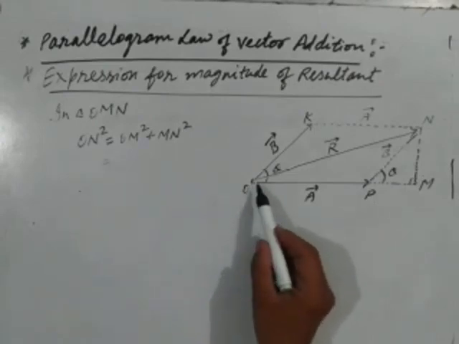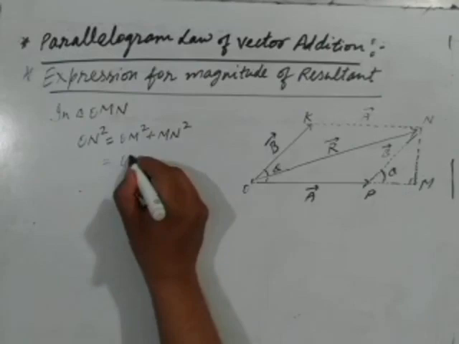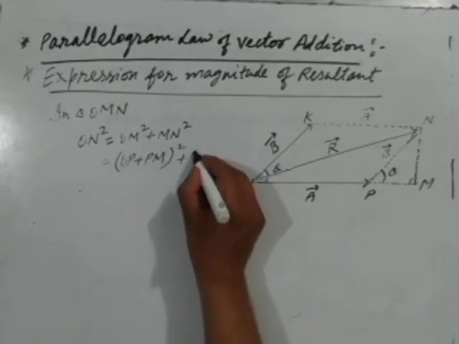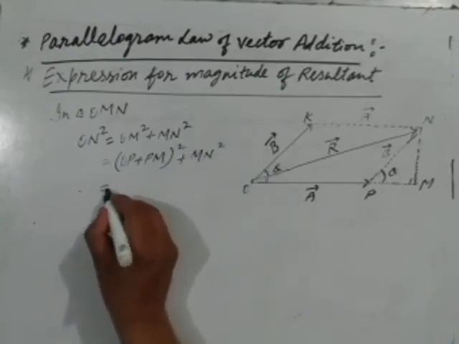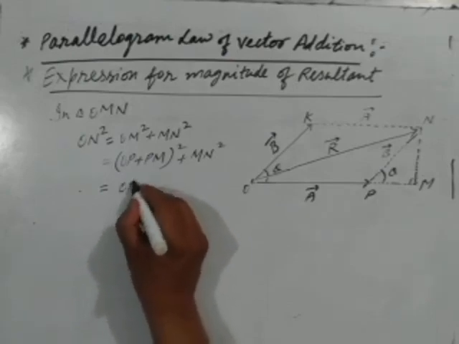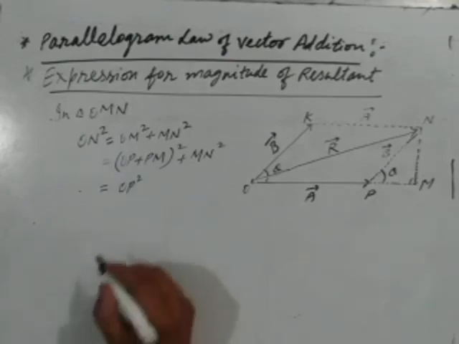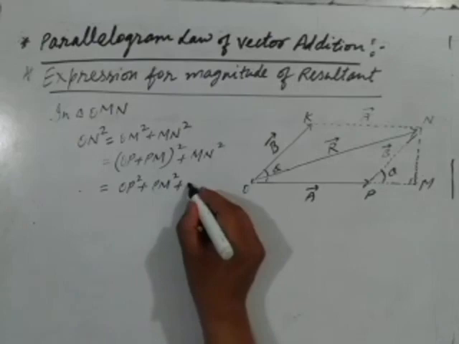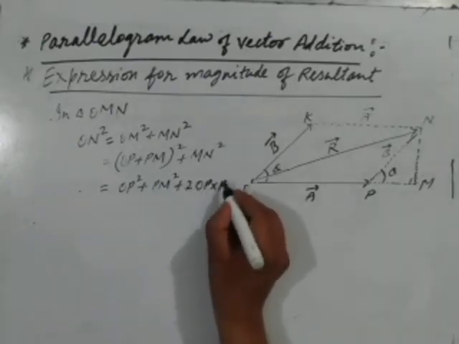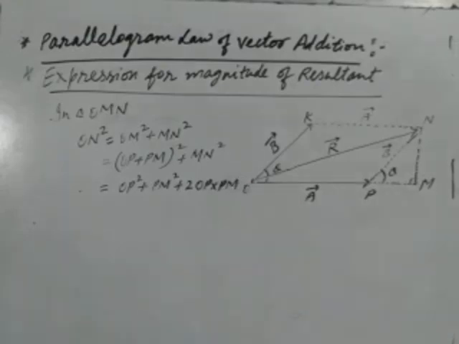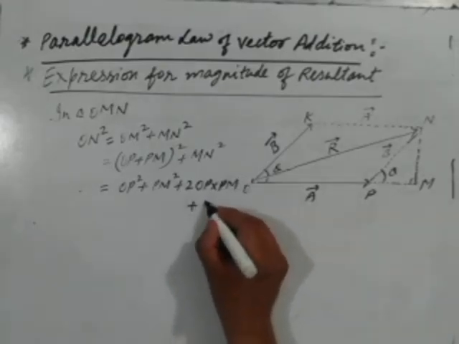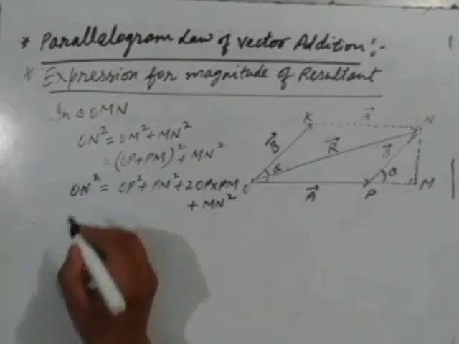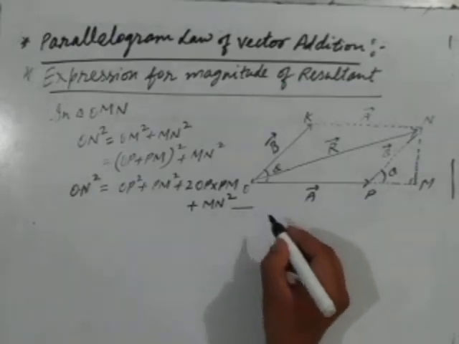We can break this OM as OP plus PM whole square plus MN square, and that can be written as OP square plus PM square plus 2 OP into PM plus MN square. So we will give this equation as number 1.